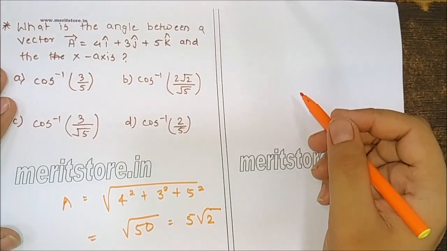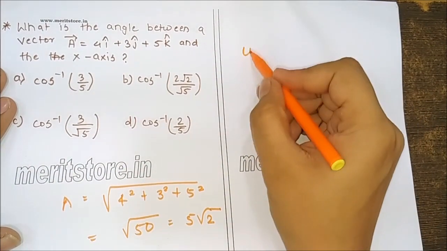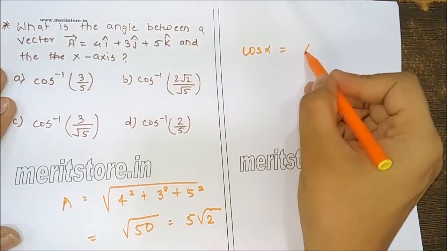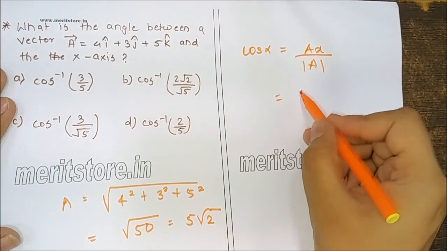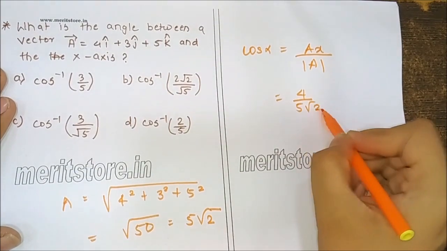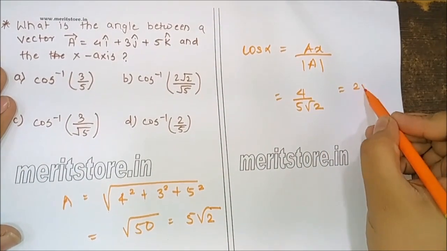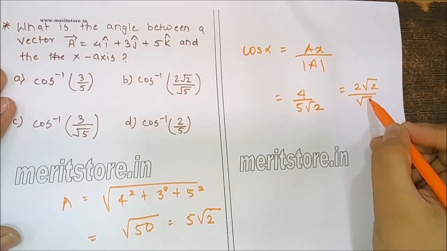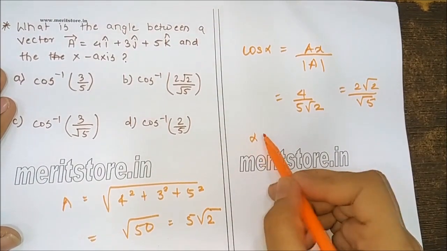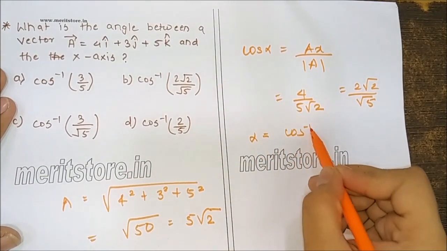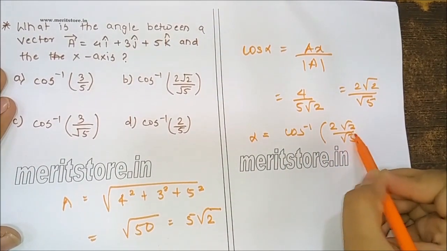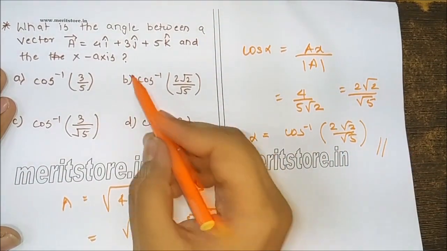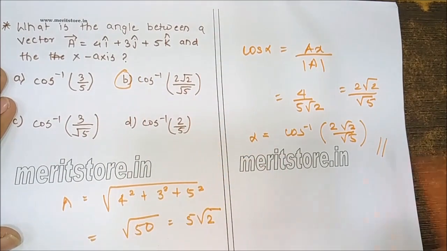The angle between a and x-axis can be given by cos alpha is equal to ax upon mod of a, which is equal to 4 upon 5 root 2, which is 2 root 2 upon square root of 5. So alpha is equal to cos inverse of 2 root 2 upon square root of 5. So option B is the correct answer.